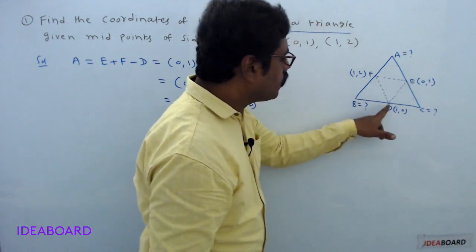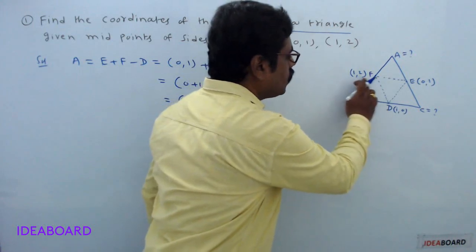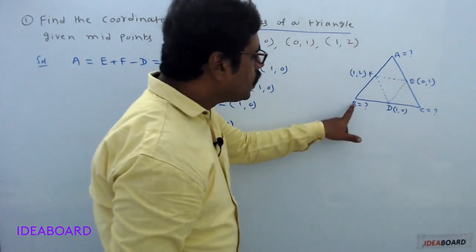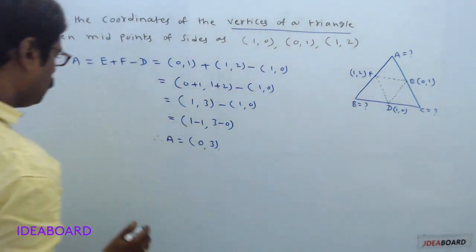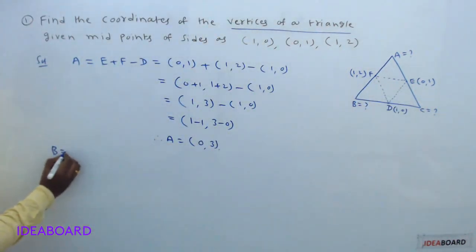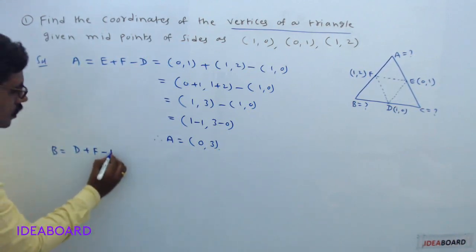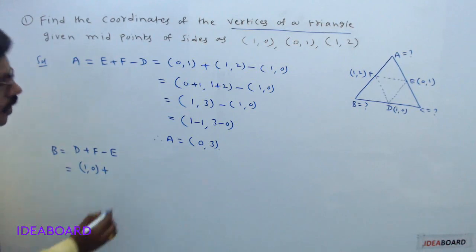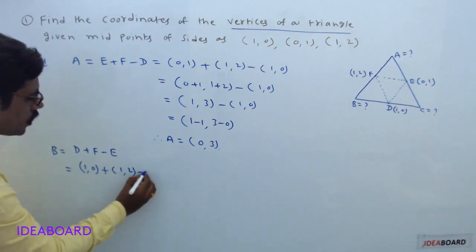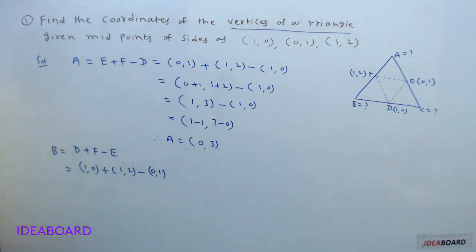So from this parallelogram, vertex B can be expressed as D plus F minus E. So B equals D plus F minus E. D point coordinates are (1, 0) plus F point coordinates (1, 2) minus E point coordinates (0, 1).